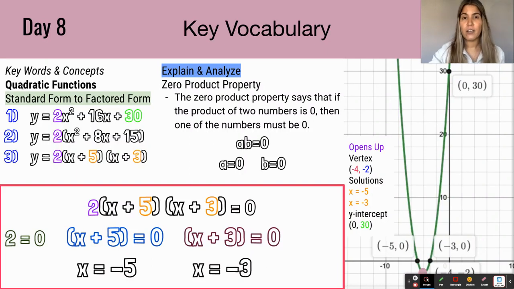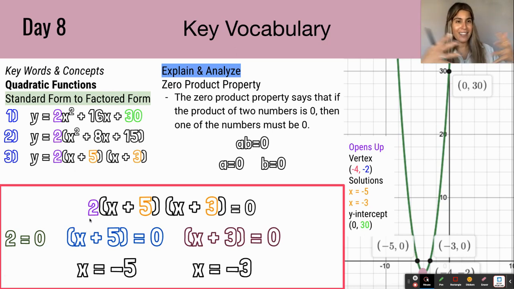Now, for day 8 are the key vocab words. Have students review going from standard form to factored form, having them look over what the zero product property is. What do the words explain and analyze mean in the context of this lesson? And give them an example of how the zero product property is applied.